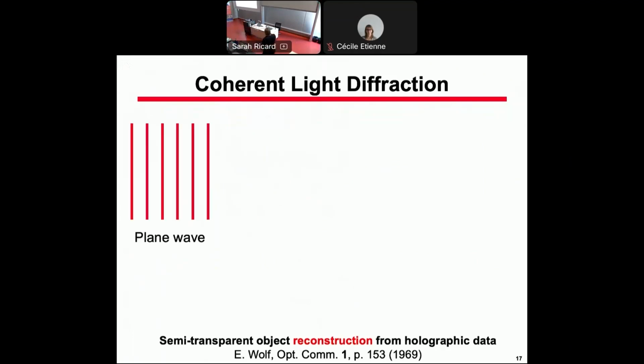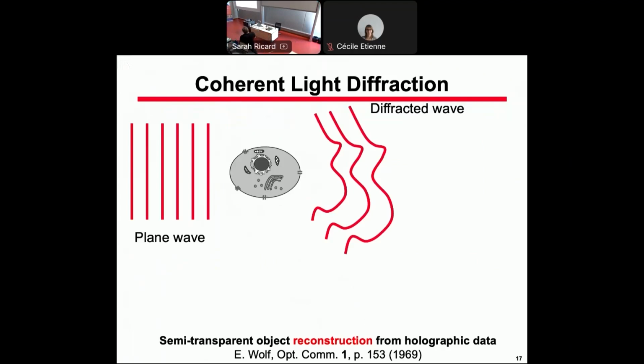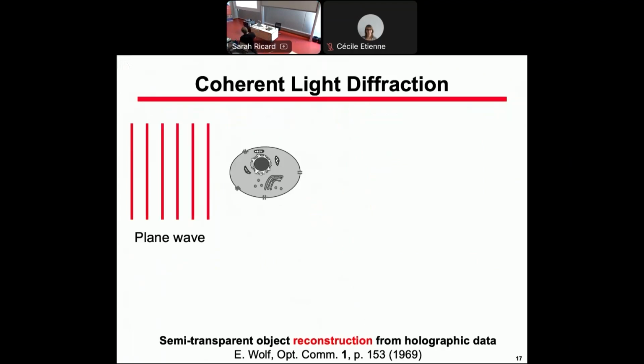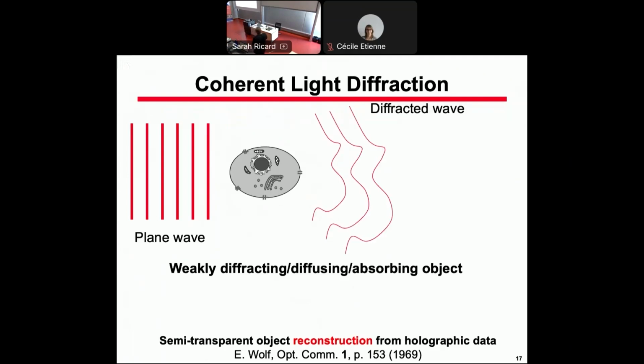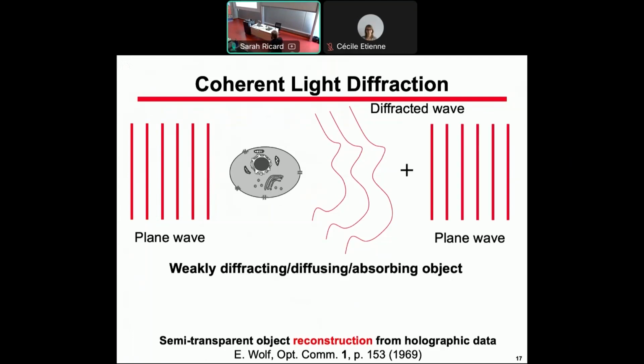When you take a plane wave and you pass it through the 3D object, it's diffracted, as in the previous case. The trick is if you consider a weakly diffracting object, so mostly transparent, basically the diffracted wave is very weak compared to the original plane wave.